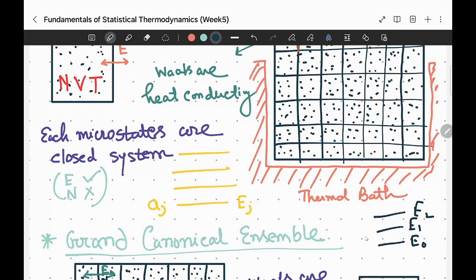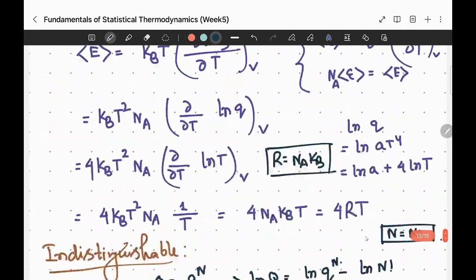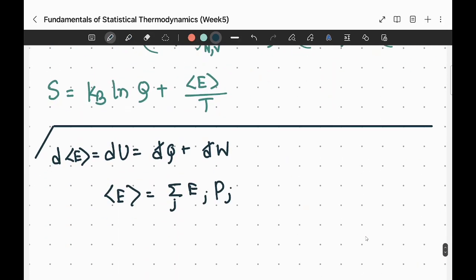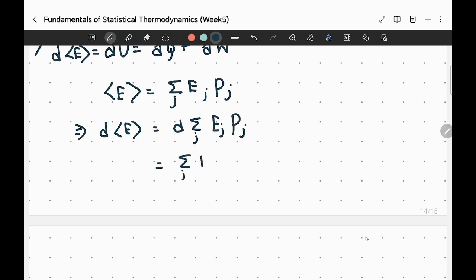In case of the canonical ensemble, it is Ej Pj. Now, what will be dE? There are two variables, so you can write it as d of Ej Pj. So it is essentially pretty straightforward.